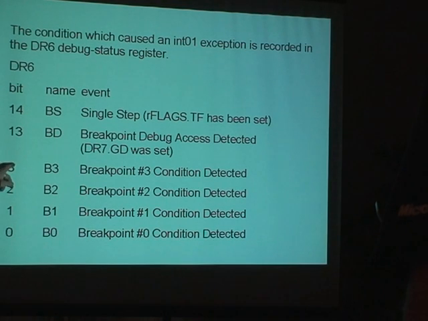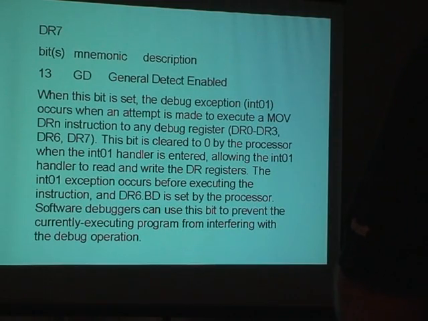And when one of these bits is set, it means that debug register 0, 1, 2, or 3 was hit, the address in this. And this is perhaps a complication or improvement.